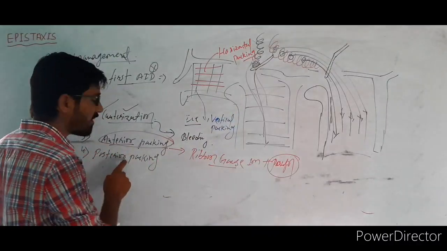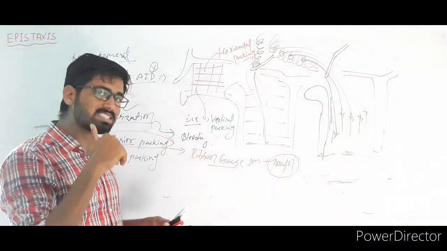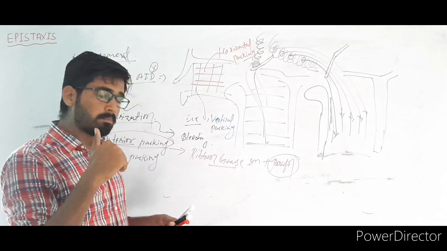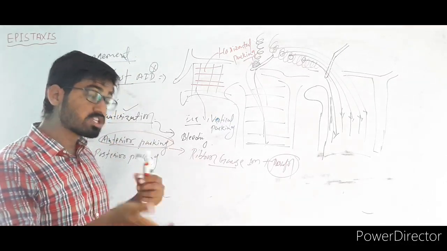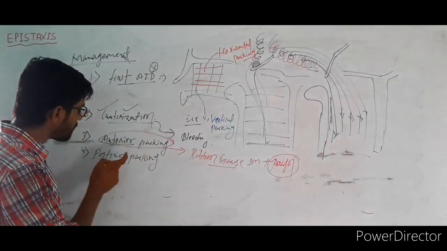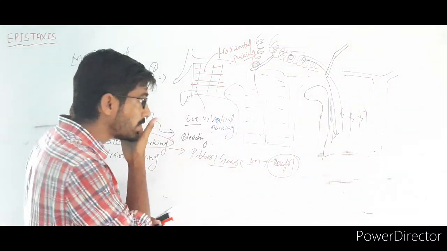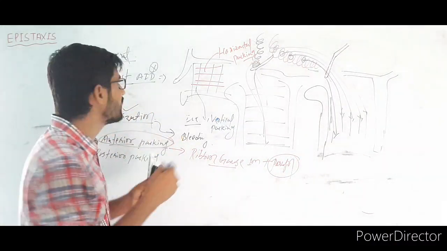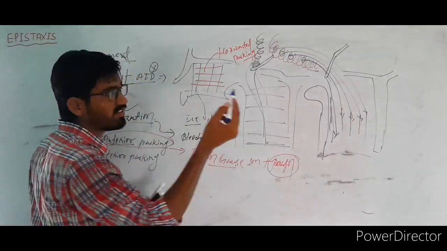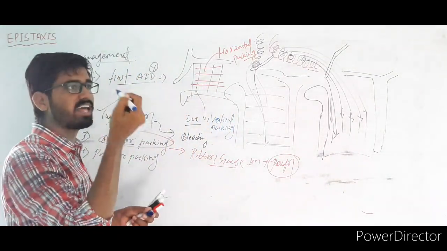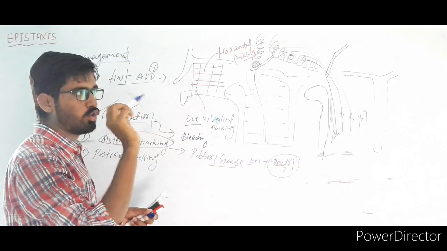When do we have to do posterior packing? When there is bleeding from the posterior side, posterior epistaxis. In the case of posterior epistaxis, we have to do posterior packing. In this, we are using some materials and inserting them from the nose.